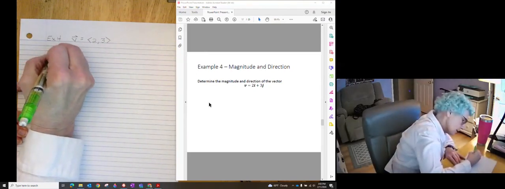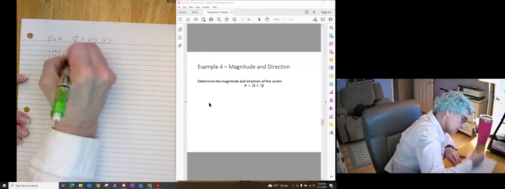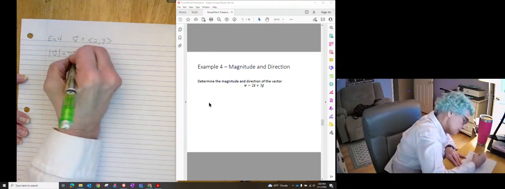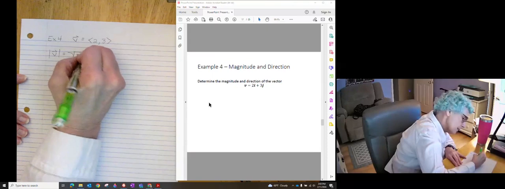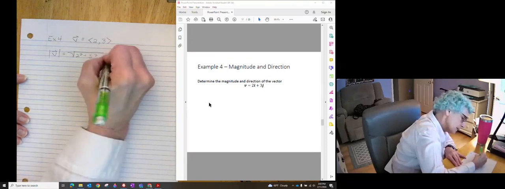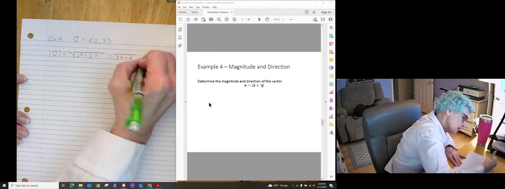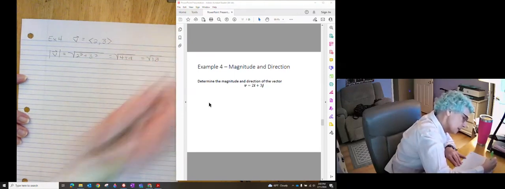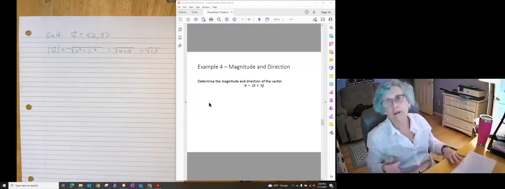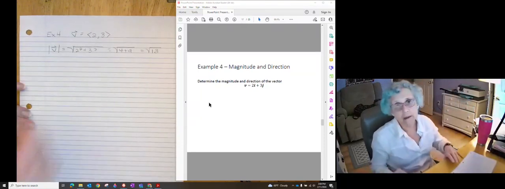So the magnitude is equal to the square root of 2 squared plus 3 squared, which is the square root of 4 plus 9, which is the square root of 13. And yeah, usually you're going to leave it just like that, square root of 13.